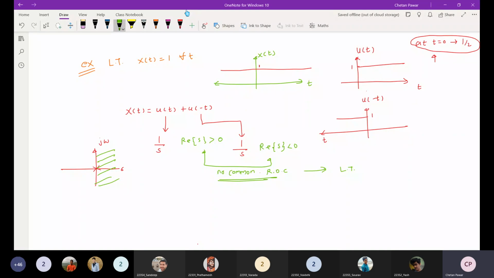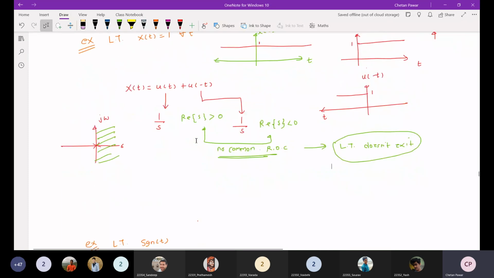And if you see the linearity property, if we combine these two signals, the resultant signal will have the ROC as the intersection of these two ROCs, but there is no intersection and no common ROC, so the Laplace transform doesn't exist. This is an important thing: the Laplace transform doesn't exist for this particular signal. Now, have you understood this?